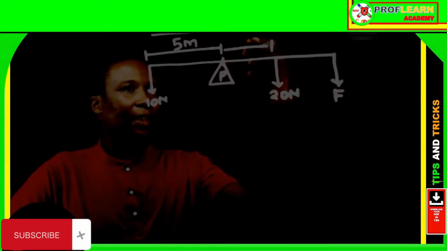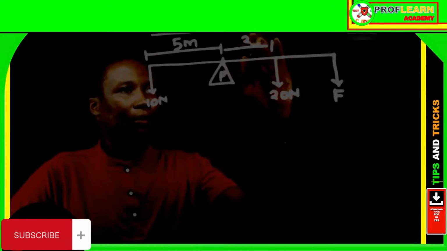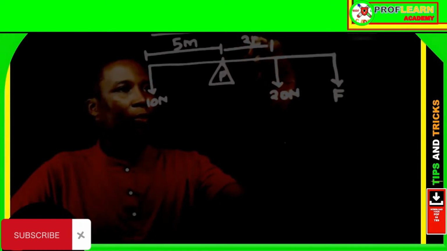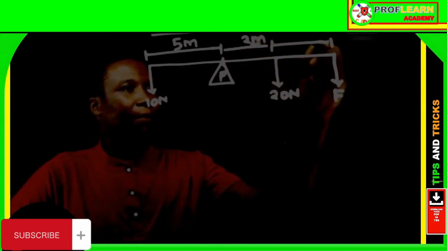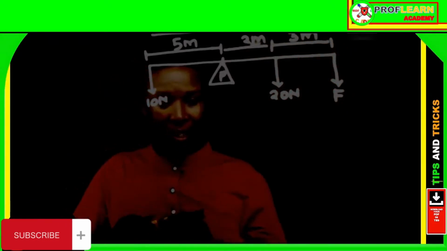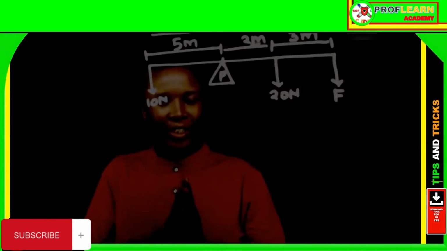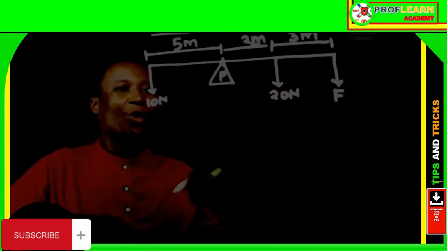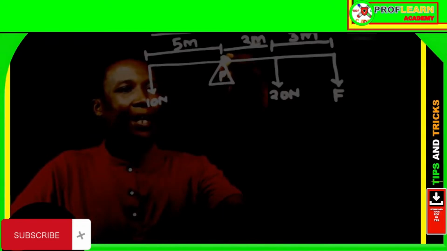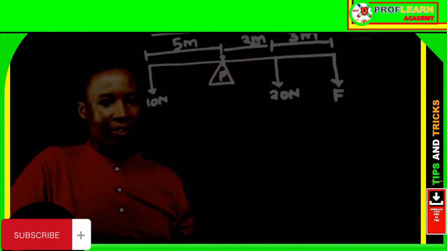This distance here is 2 meters, and the remaining distance here is 3 meters. So we are given a beam of length 10 meters, which is pivoted at its center. So meaning the weight of the object will be acting at the pivot.